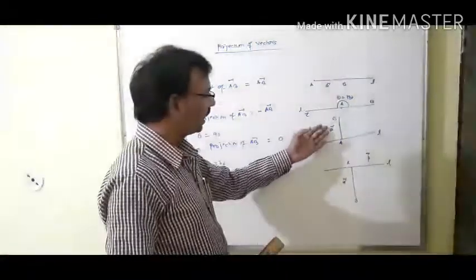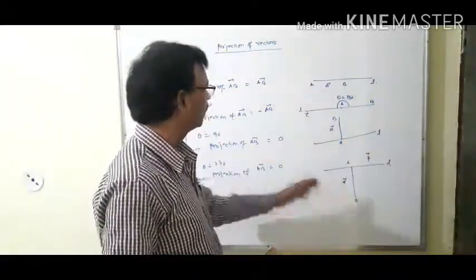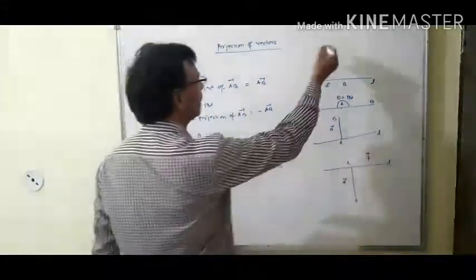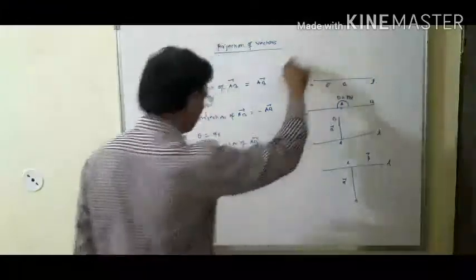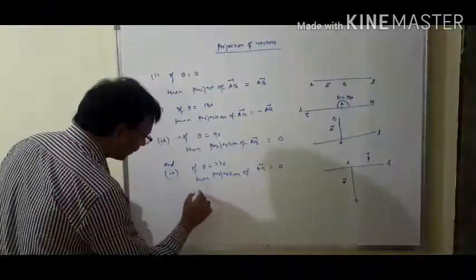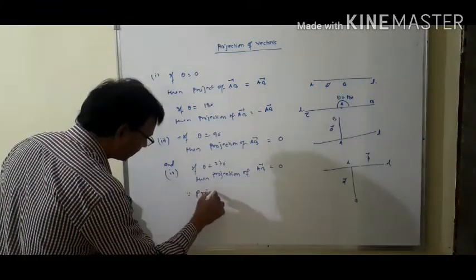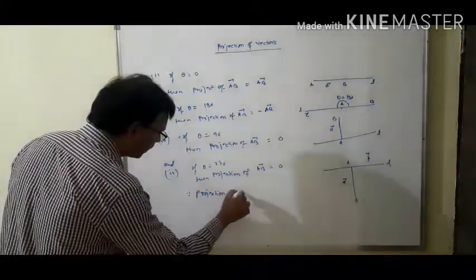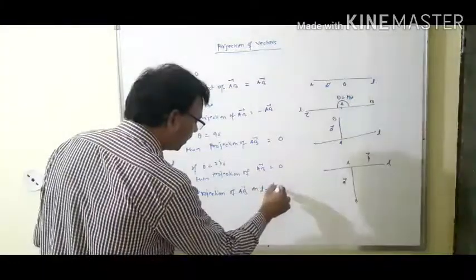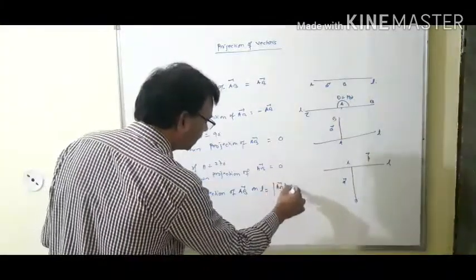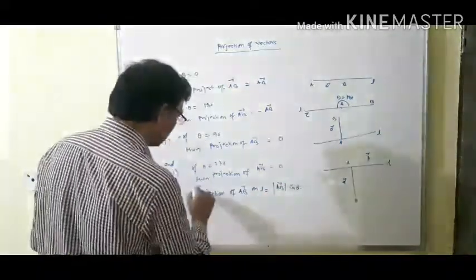Because cos 90 equals 0 and cos 270 equals 0, since our projection of vector AB on L equals magnitude of AB into cos of theta.